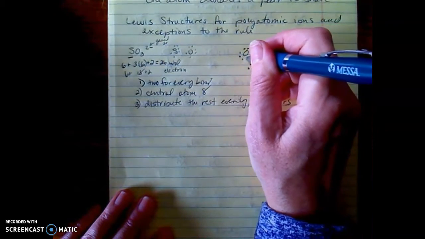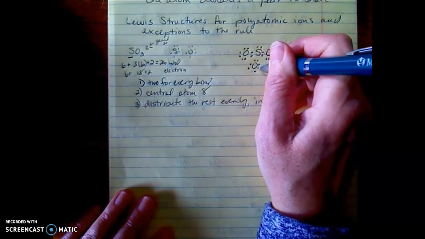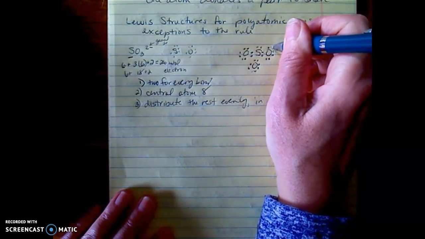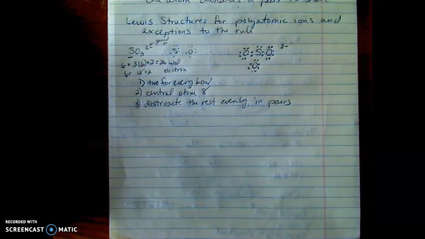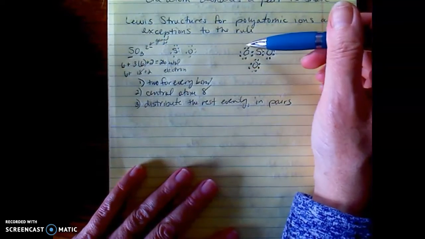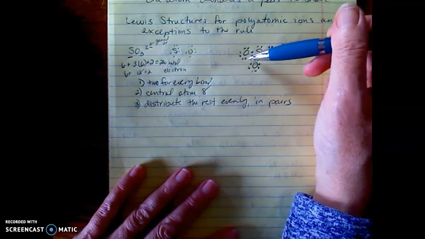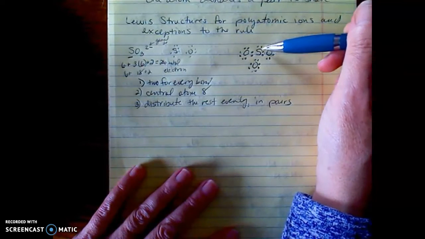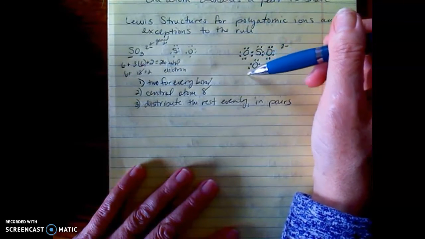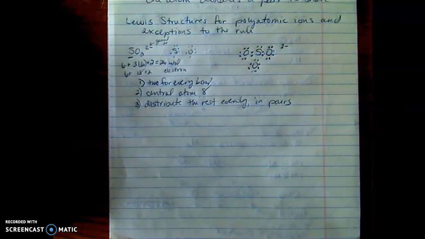Then 21, 22, 23, 24, 25, 26. I've distributed all the electrons and I don't have any more left. If you look at the individual atoms, this oxygen has 8 dots, the sulfur has 8, this oxygen has 8, and this oxygen has 8. So this tells me that my structure is correct. Every single atom has 8 valence electrons.